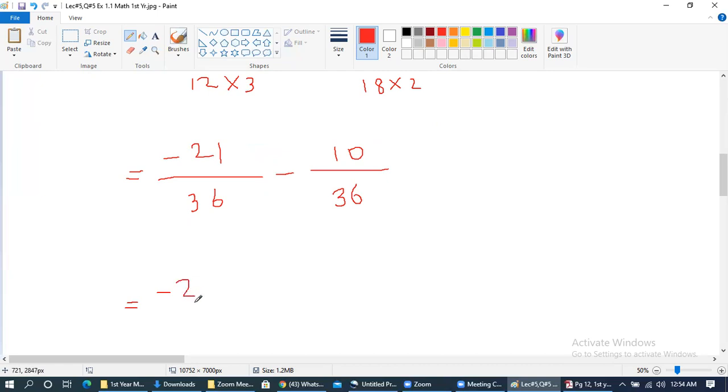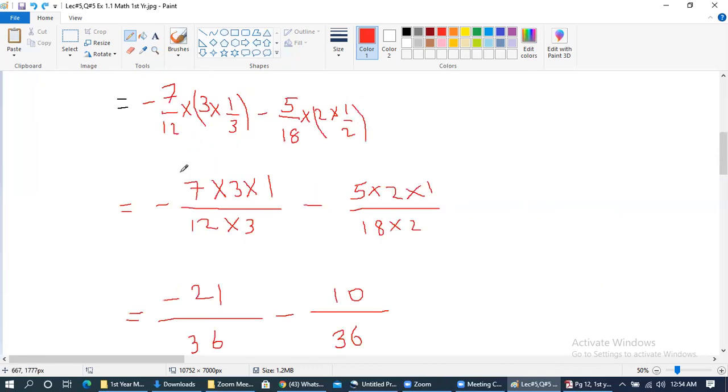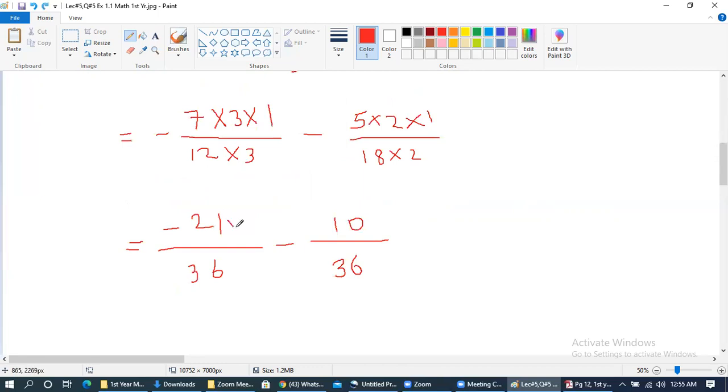There is another procedure as well that will be easier for you, because we had done here that this was 7 times 3 is 21, and remaining was cross 1 as well. So you may write cross 1 here, and here you have done 5 times 2 is 10, so 10 times 1 is still left.